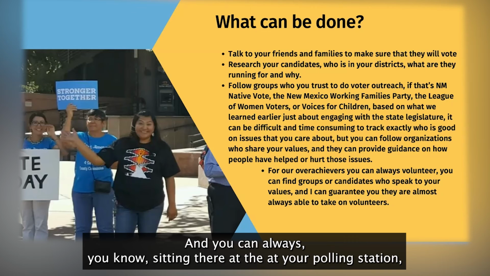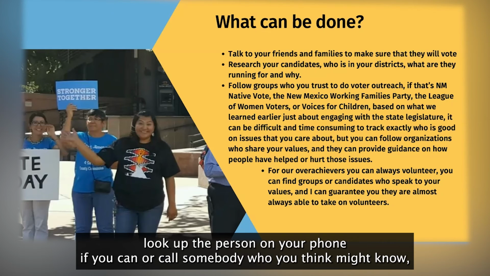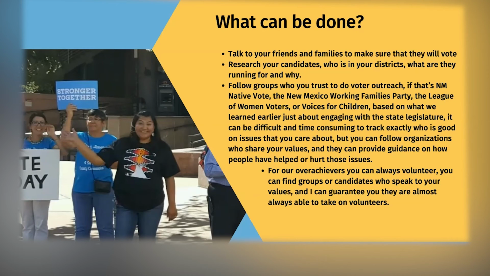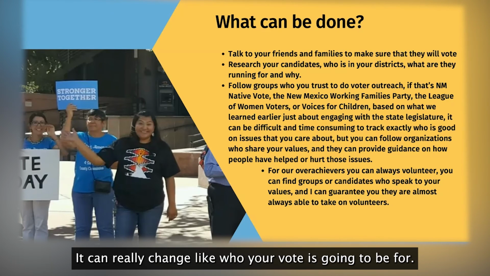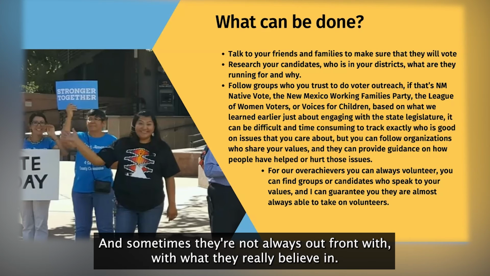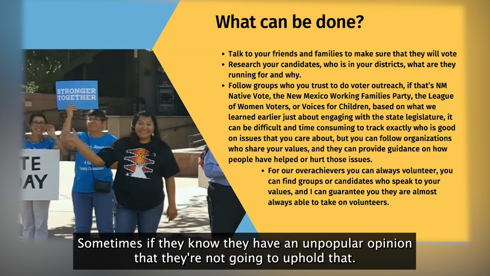And you can always, sitting there at your polling station, look up the person on your phone if you can, or call somebody who you think might know. But make sure you know who's on your ballot, it can really change who your vote is going to be for. And sometimes they're not always out front with what they really believe in. Sometimes if they know they have an unpopular opinion, they're not going to uphold that.